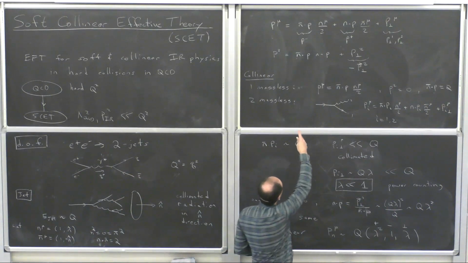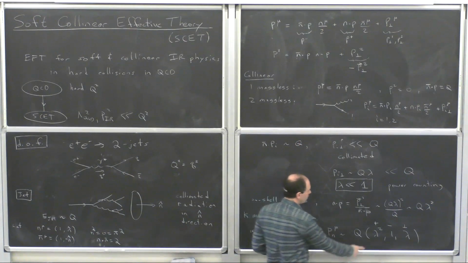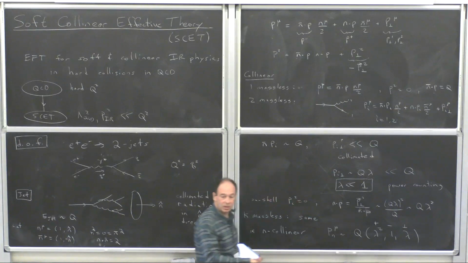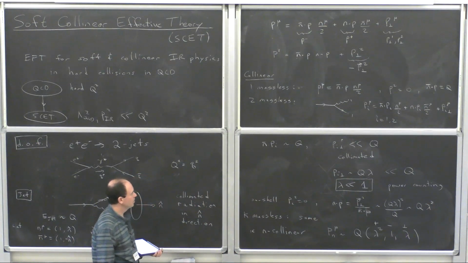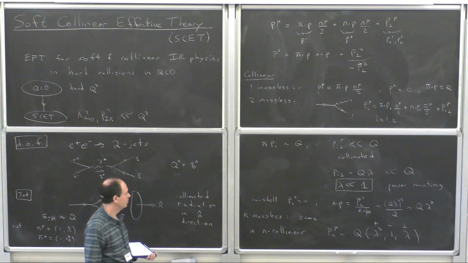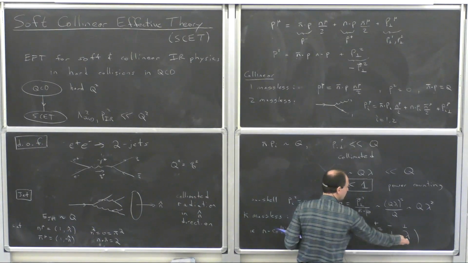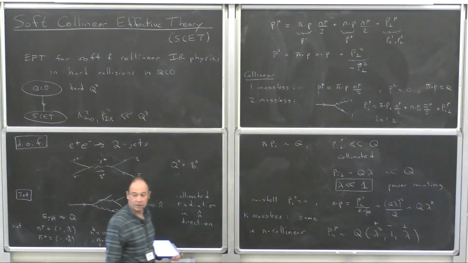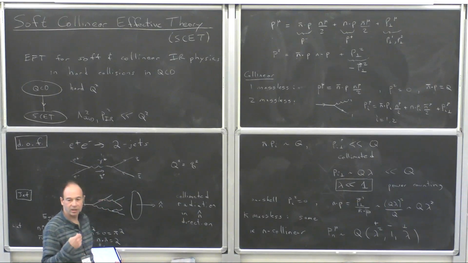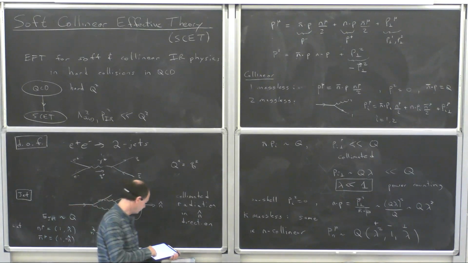So I'm using this shorthand of plus and minus up there. In the minus, that's the n bar dot p, that's of order q. So I just say it has no power of lambda, just 1 times q. And then in the perp, it's q times lambda, so I say the perp is of order lambda. So we call that a collinear scaling for a momenta.